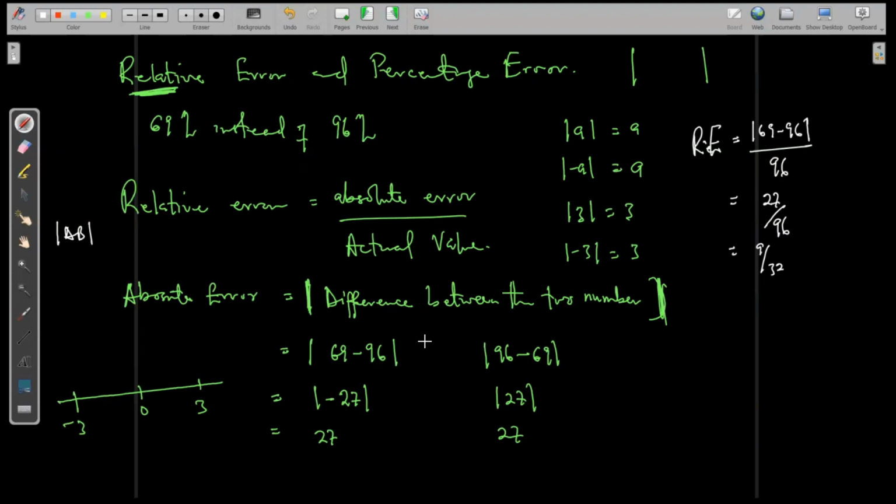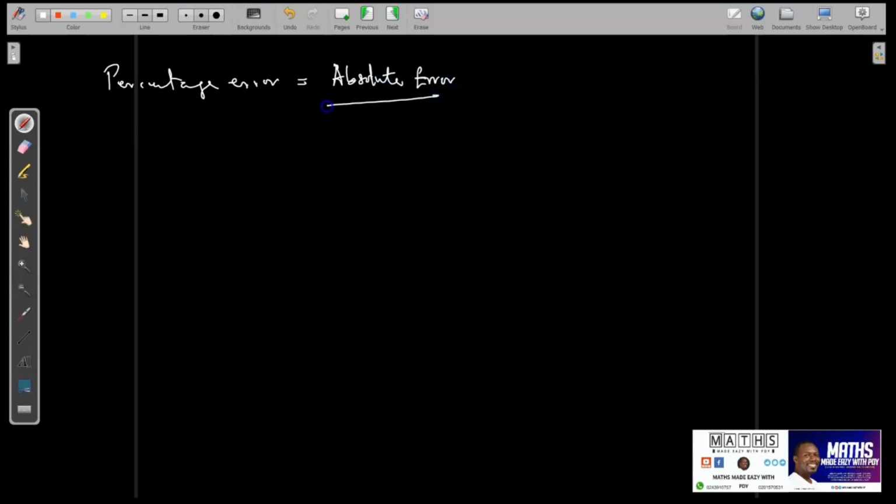So when we consider percentage error, it is given as the absolute error over actual value times 100.